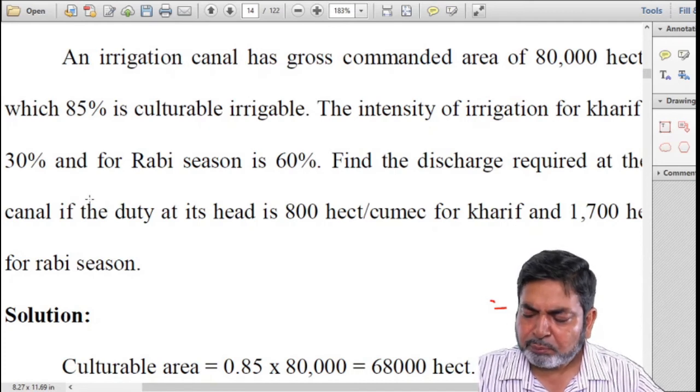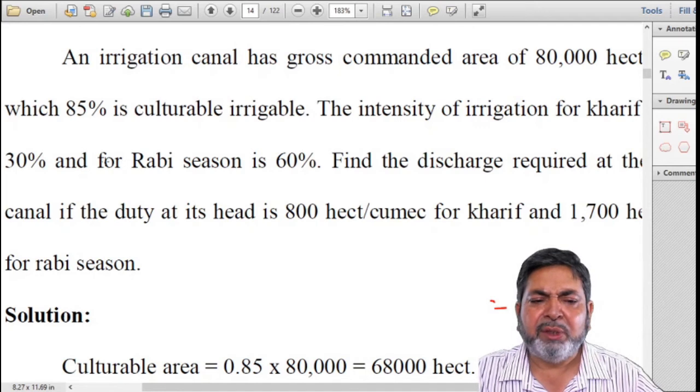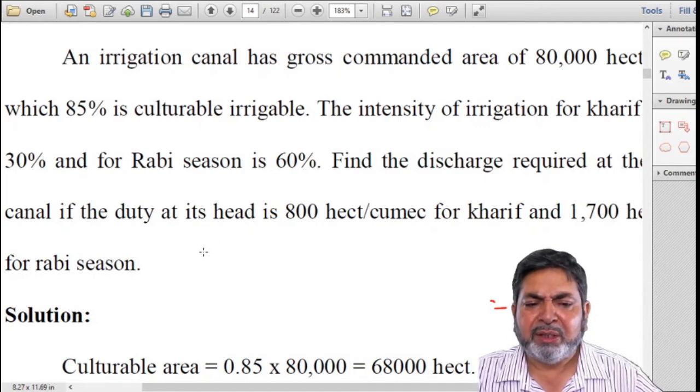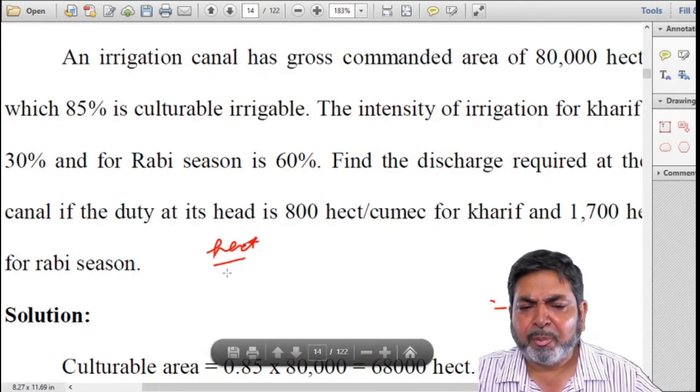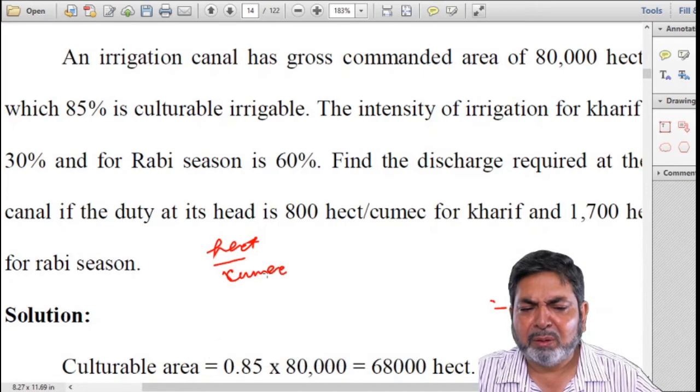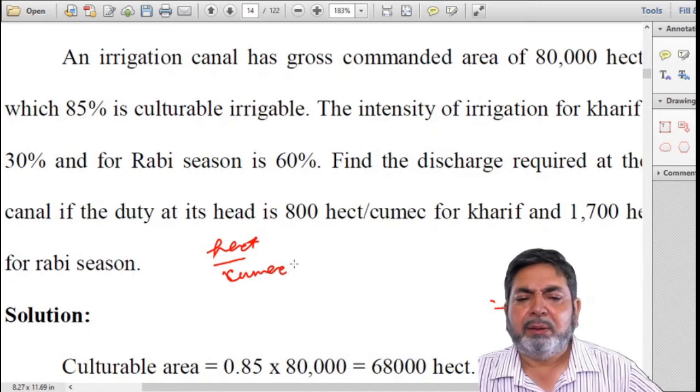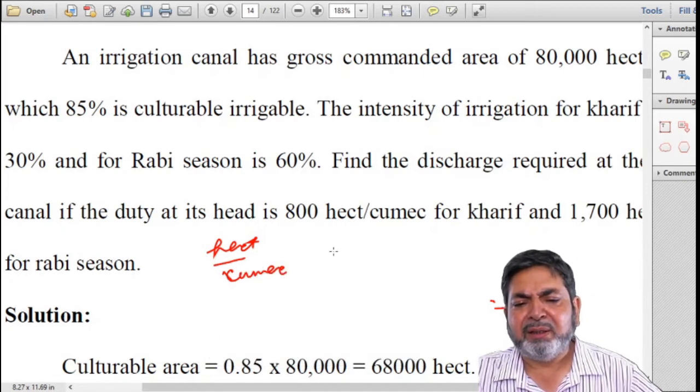So now first see the unit for duty. The unit for duty is hectares per cubic, and the unit of area is hectare.